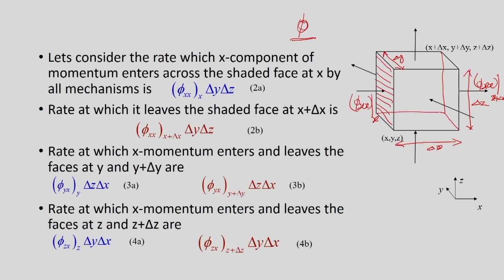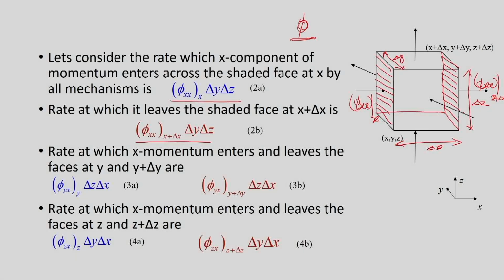The area of the phase through which it is leaving is nothing but delta y multiplied by delta z. So, pi xx at x multiplied by delta y delta z is the x component of momentum entering at the shaded phase at x, and pi xx at x plus delta x multiplied by delta y delta z is the x component of momentum leaving in the x direction at x plus delta x.